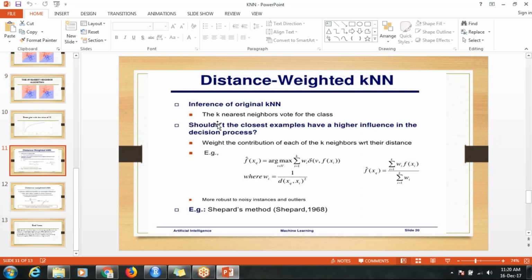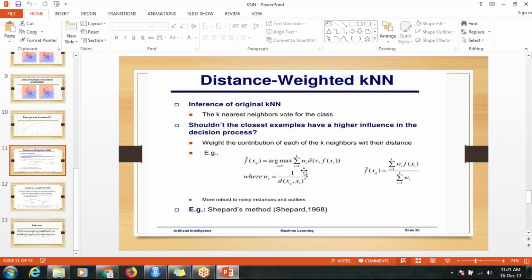In KNN, the votes of the nearest neighbors were taken, but in distance weighted KNN, my priority is given on the basis of the distance, how far it is placed from my location. So the contribution of each of the k neighbors is weighted with respect to their distance.